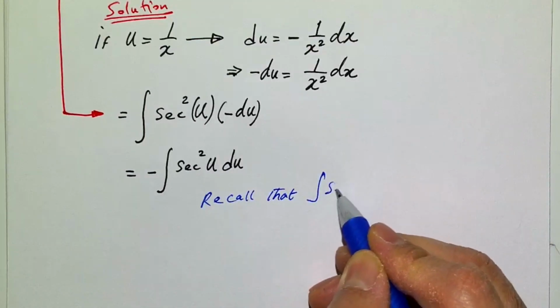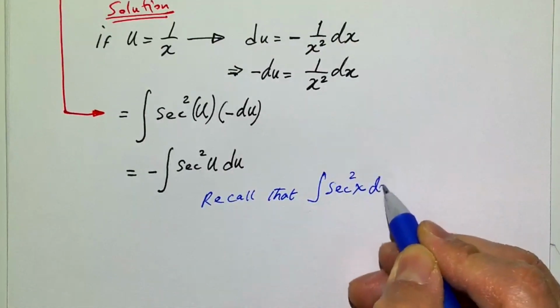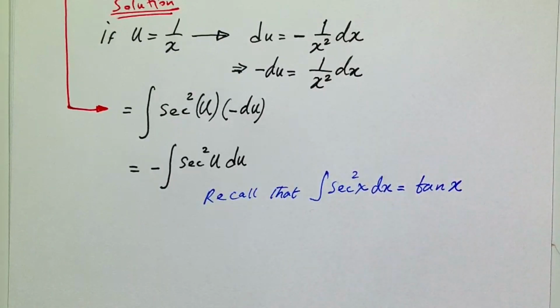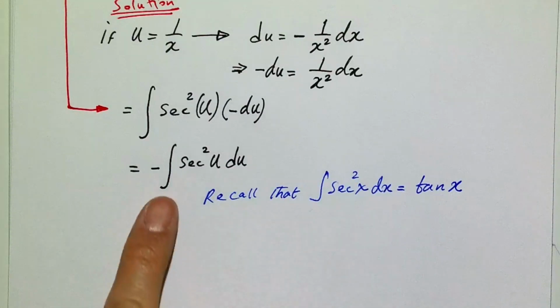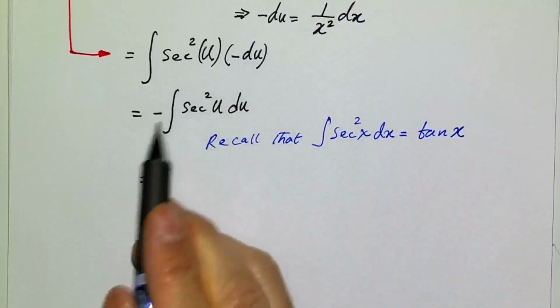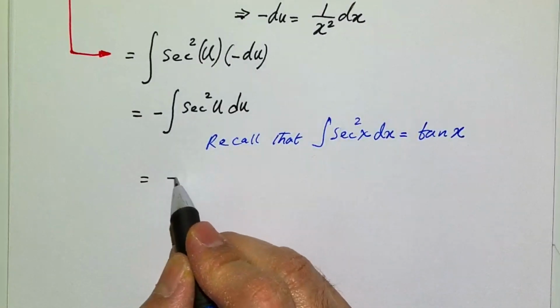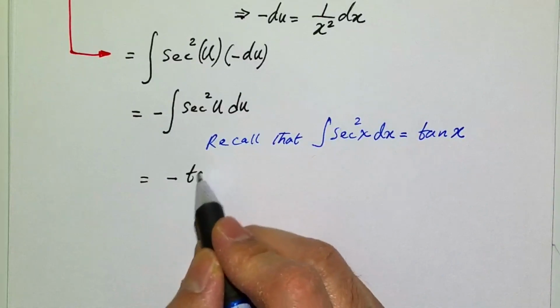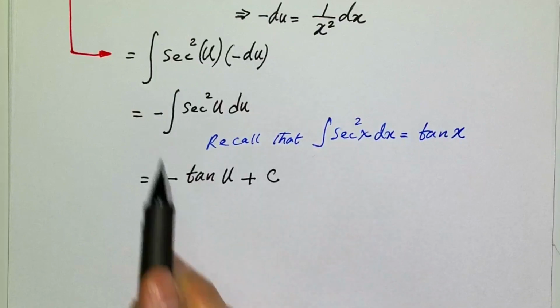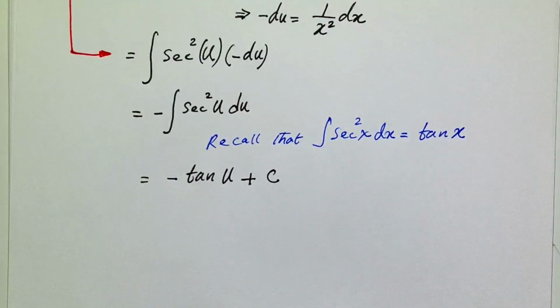And then recall that the integral of secant squared x dx is equal to tangent of x. Okay? We already know that. So let's apply that to this, and we end up with, but we have a minus in front, so minus tangent of u plus c, of course, because this is an indefinite integral.